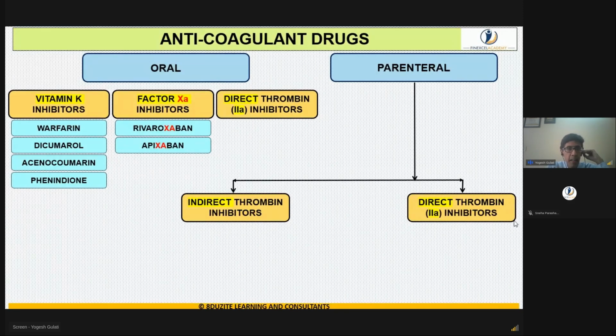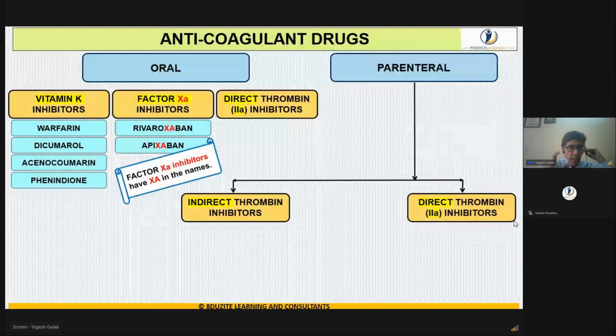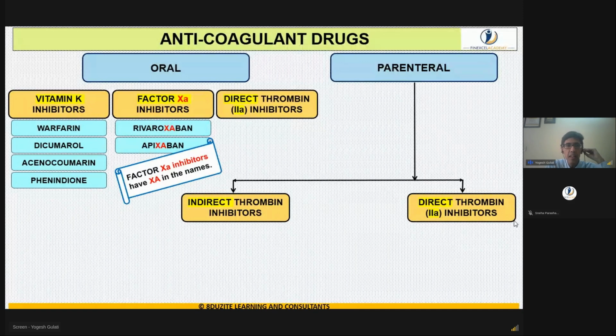So if you find XA in the name of the drug, they are automatically factor 10A oral inhibitors. Rivaroxaban, we can also remember that O stands for oral, XA is 10A, and BAN is ban or antagonist. So if in an MCQ or in any question you find there is XA in the name of the drug, they are factor 10A inhibitors.